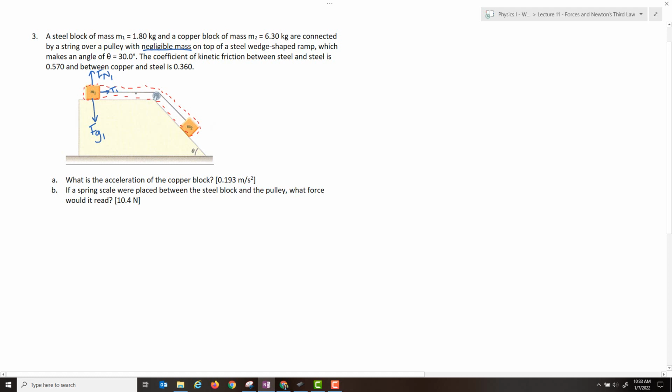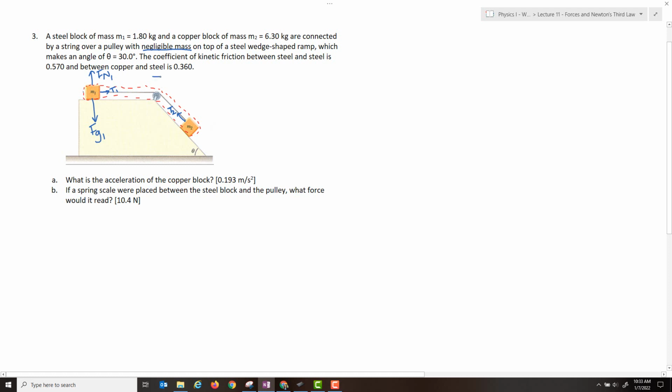It's within the system. There's also a tension on mass 2, T2, and that tension is equal to T1, but they're countering each other, and so they would cancel each other out anyways. Okay, we know that there is friction going on in this question, so there is going to be some friction acting on mass 1.